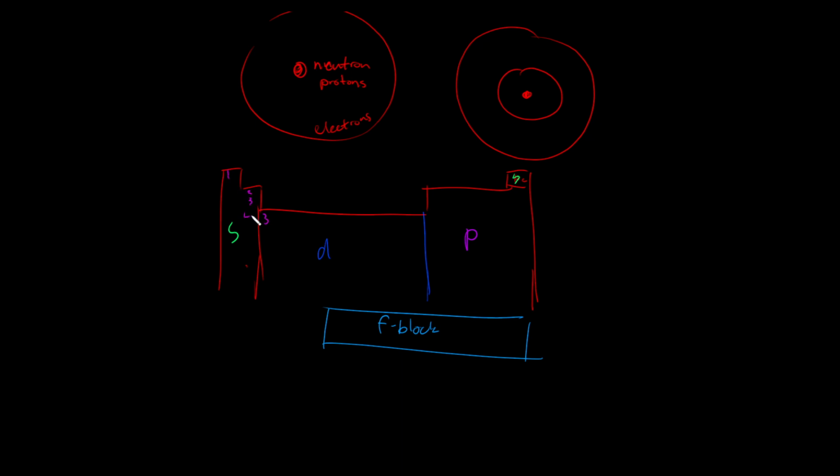And then this is 3 while this is 4. So 4S and 3D are on the same level. So consider that when they're asking, for example, a question on the valence electron configuration. Just keep in mind that this 3D subshell is before the 4S and 4Ps.